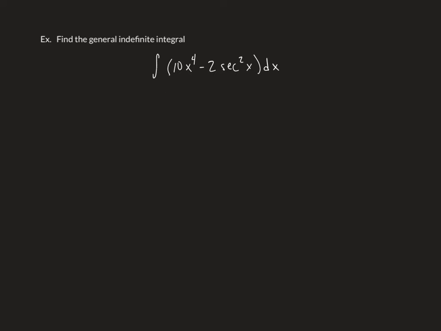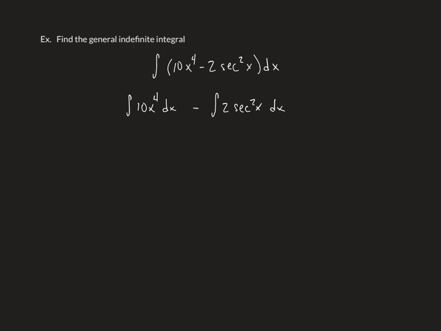So I'm going to apply the sum rule there that we outlined on the first page here. And I'm going to say that this is equivalent to the integral of 10x to the fourth dx minus the integral of 2 secant squared of x dx. I'm just going to separate those, which I'm allowed to do according to the properties that we just talked about.